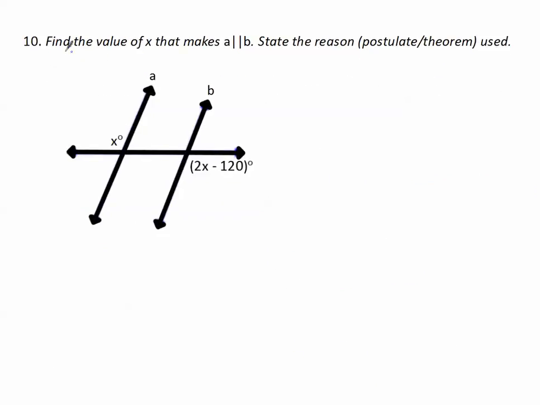Find the value of x, that's our goal, that makes line A parallel with line B. State the reason, postulate or theorem. So this time, let's look at these angles. This angle here and this angle here. What's true about these? They are alternate exterior angles.